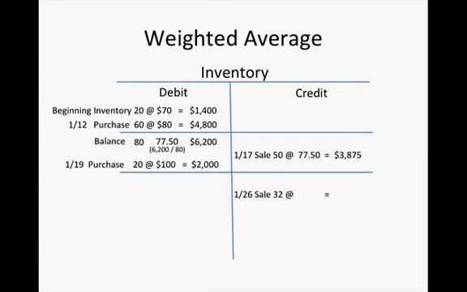To get the subtotals, you will need to add the balance after the January 12th purchase, subtract the January 17th sale, and add the January 19th purchase. Do this for both the units and the total cost. Now you are ready to calculate a new weighted average to use in the January 26th sale.